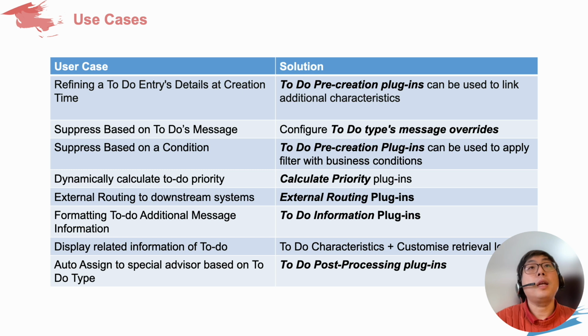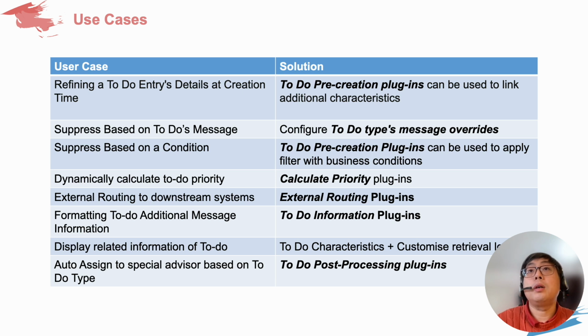Next, if you want to dynamically calculate the to-do priority, now we can have the default priority on the to-do type, but based on some values, maybe characteristics, you want to dynamically calculate the priority.